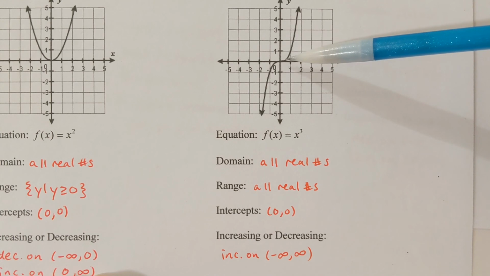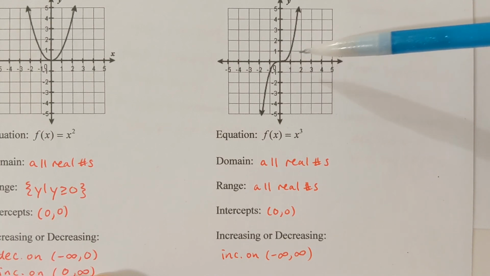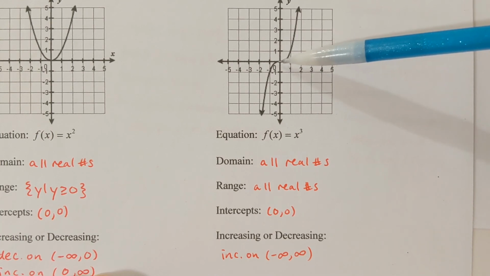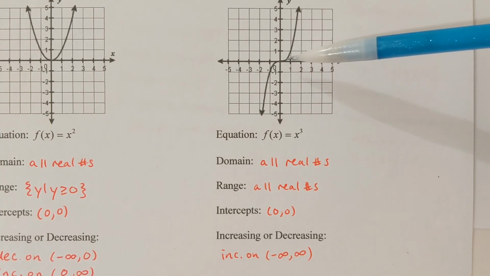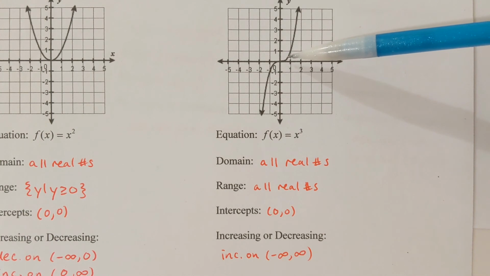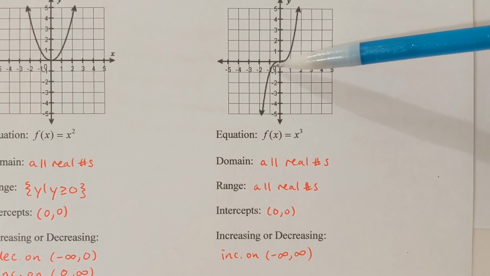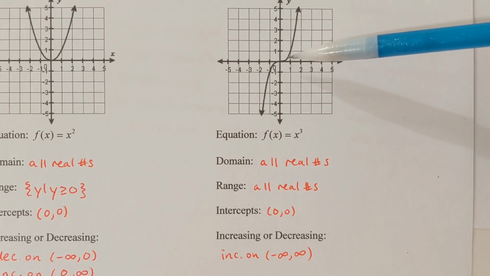So even at (0, 0), you have a horizontal tangent. But if you look to the left and to the right of (0, 0), the y value on the left and the y value on the right, one is negative and one's positive. So you're still increasing on that part of the graph.